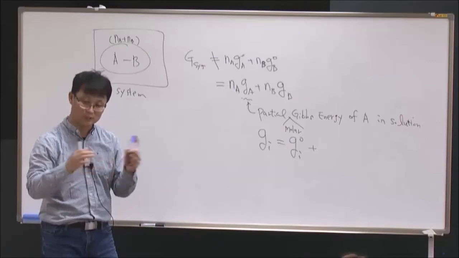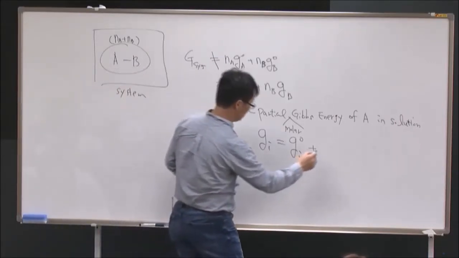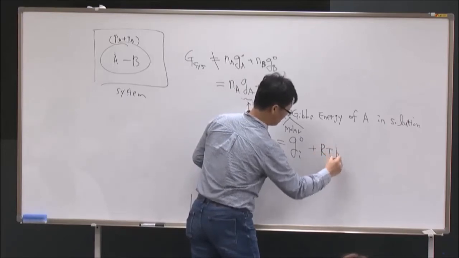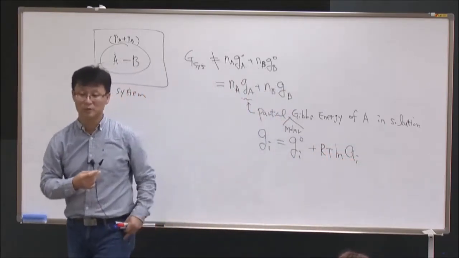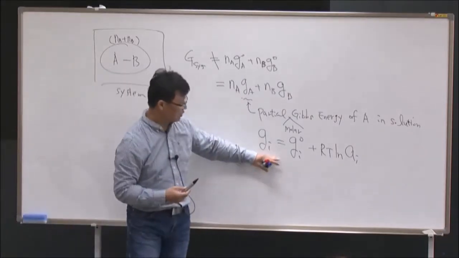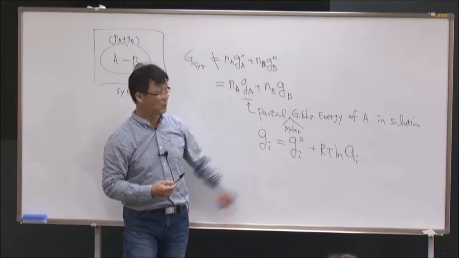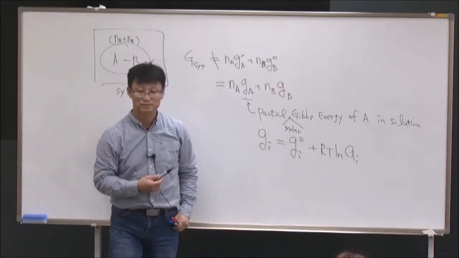How can I express that additional interaction part? That is activity. We're going to learn this one. We want to learn how this equation came about. That's basically solution thermodynamics.